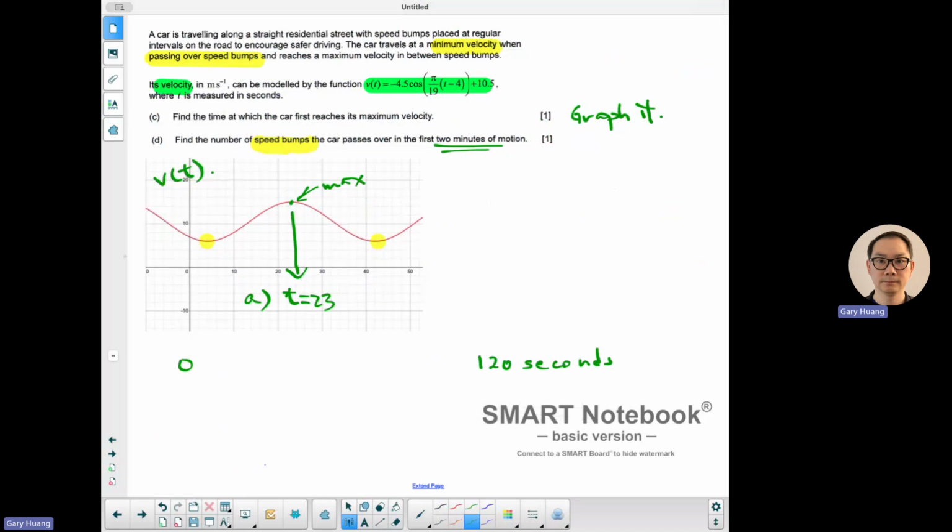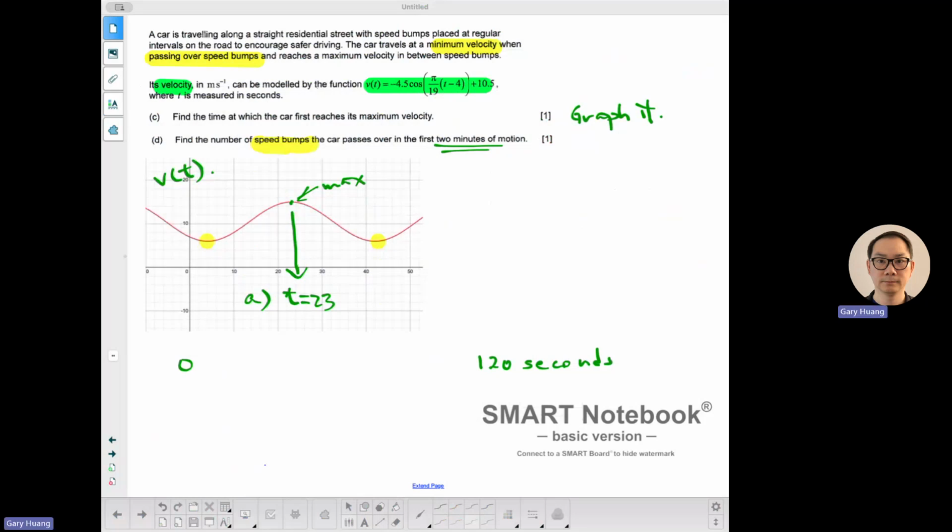Now, obviously, you can do it mathematically and count, but really, you have a graphing calculator here, so just change the range, the domain, or the x min and the x max. You just change the x max to like 120. So when you do that, you can just count how many times it hits the lowest point.